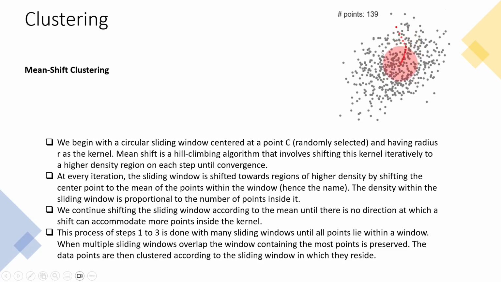We calculate the center of mass, and then we move towards that center of mass. That's why it's called mean shift clustering. You first create a mean, and then you shift that mean in the direction of a denser area.